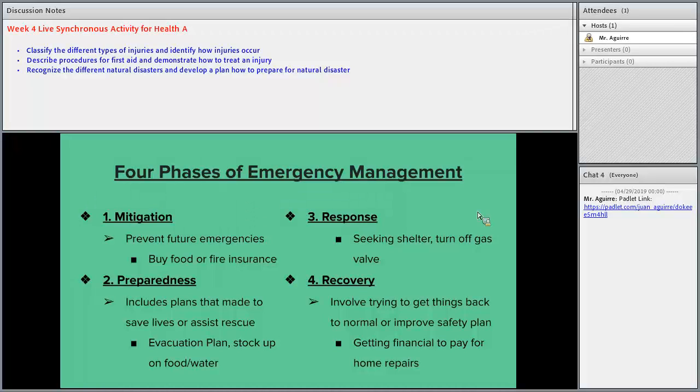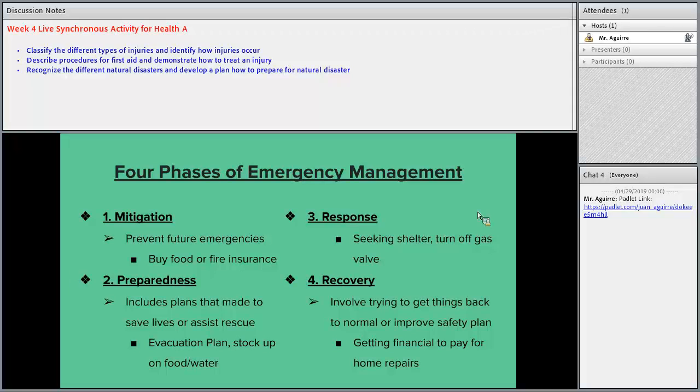Helps out. Now this takes place before and after emergencies as well, not just in the beginning. Think about that. Even though it's number one, it's the first thing we talk about though. It's a cycle. Examples in here are flood and fire insurance.